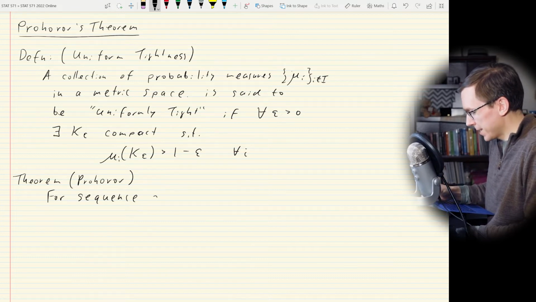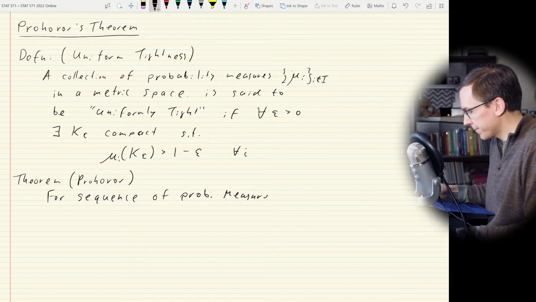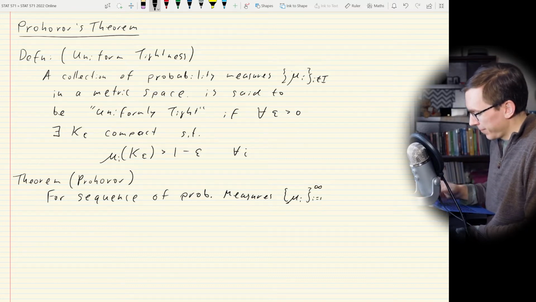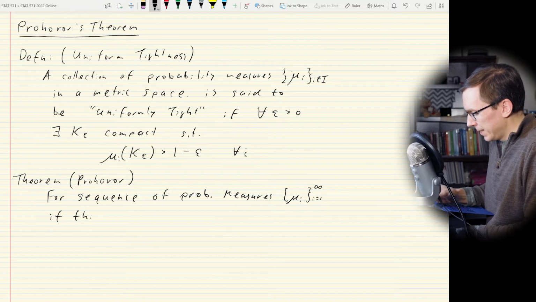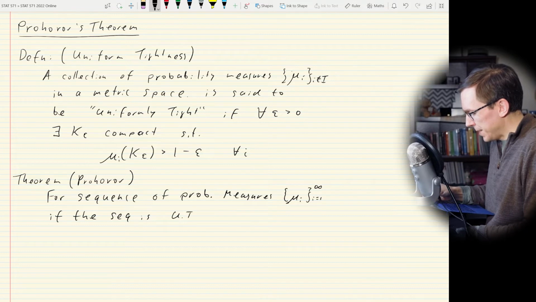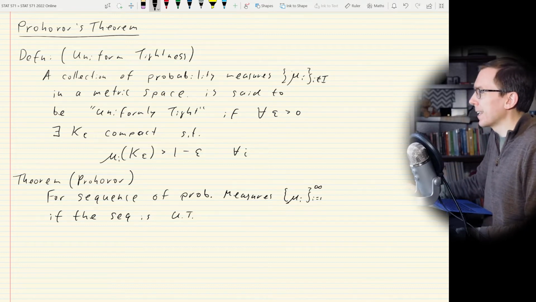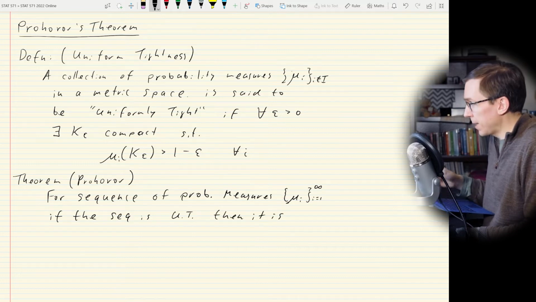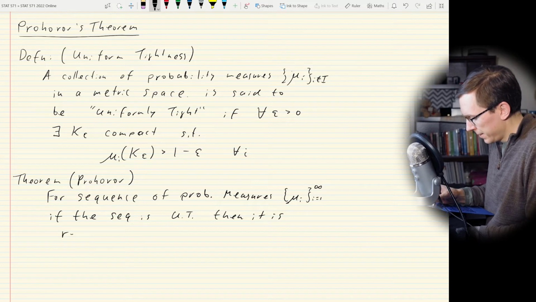For a sequence of probability measures, so now we have a sequence, but it's still just a collection, I'm just ordering it, i from 1 to infinity. If the sequence is UT, for uniformly tight, so I don't have to keep writing that, then it is relatively compact.